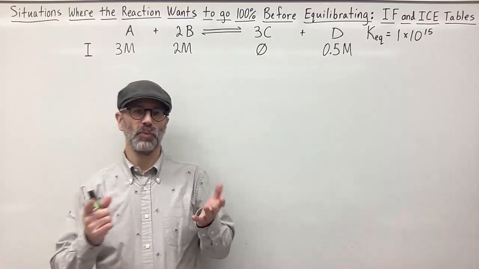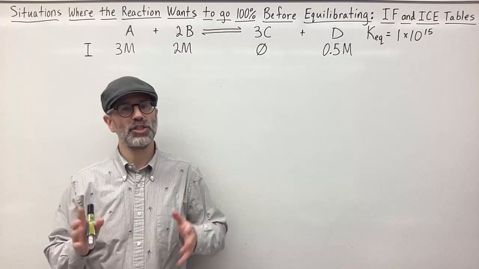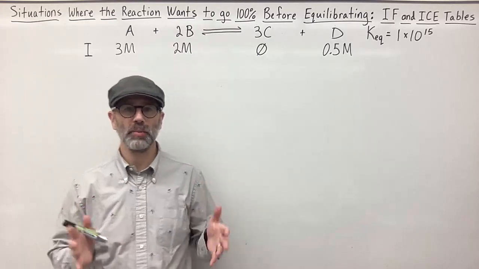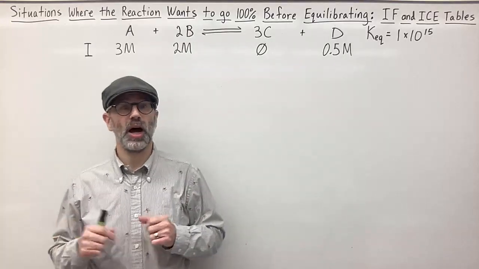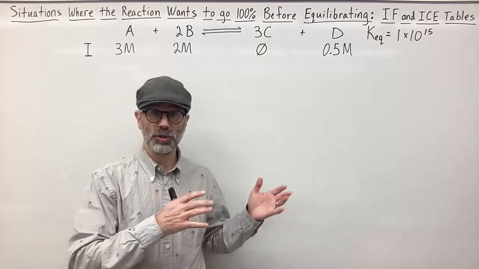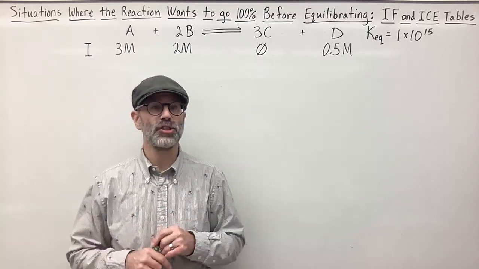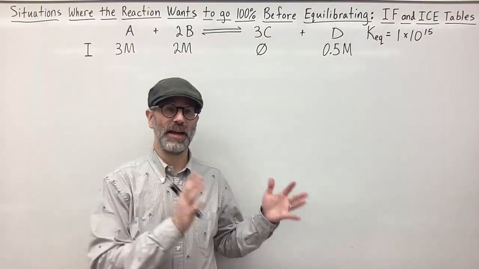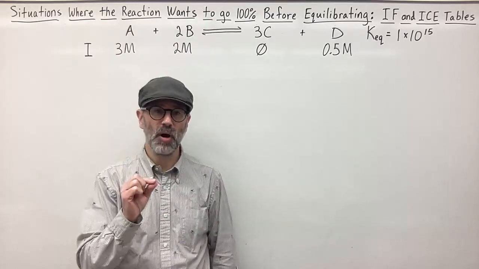Okay, so what we've seen so far is situations where we have a large K value, a large equilibrium constant. Therefore, the equilibrium wants to shift towards products, but we have zero reactants. So the reaction is going to shift towards the reactants, but it heavily favors products, so you know that the change in X is going to be really small.